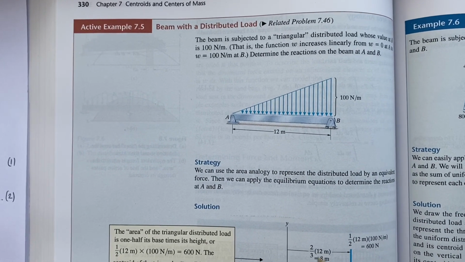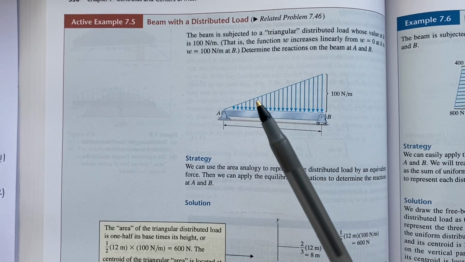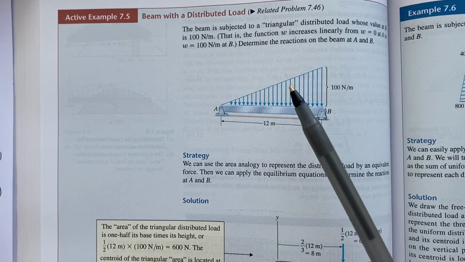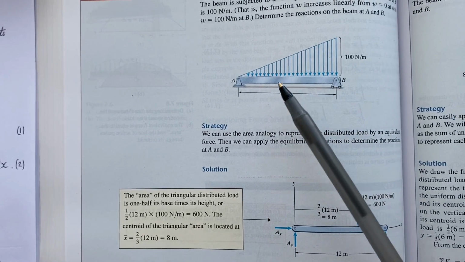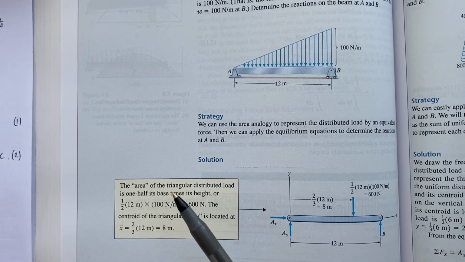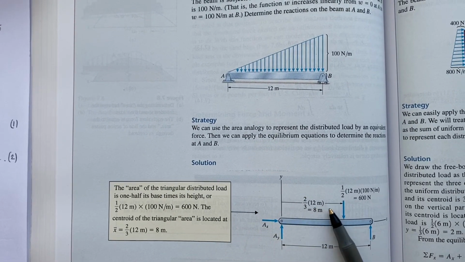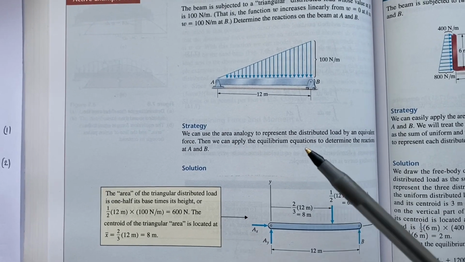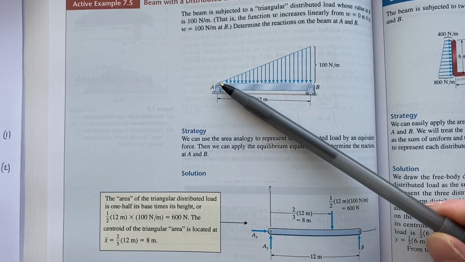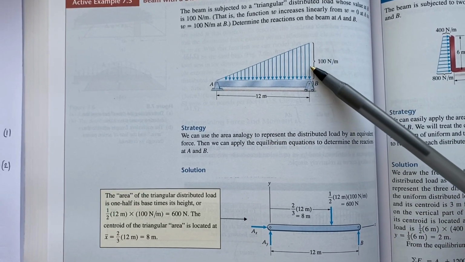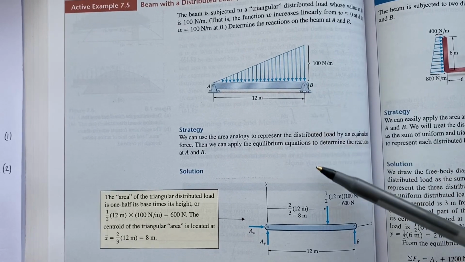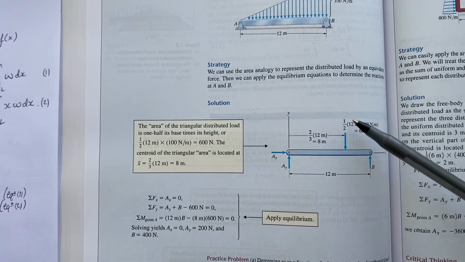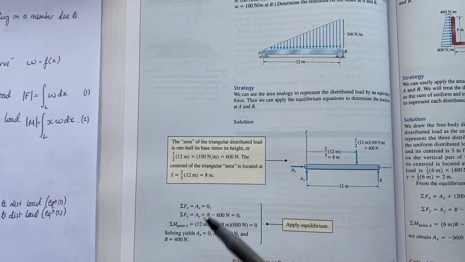Now, because that's a regular shape, we can just use standard results to work out the centroid of the area, right, like the textbook describes here, and therefore find the location that the force acts, right, because we know that it's 0 here and 100 Newton meters at point B. So if we find the x-coordinate of the centroid, we can work out where the point force acts and therefore solve this problem in a similar way as we described in the last class.